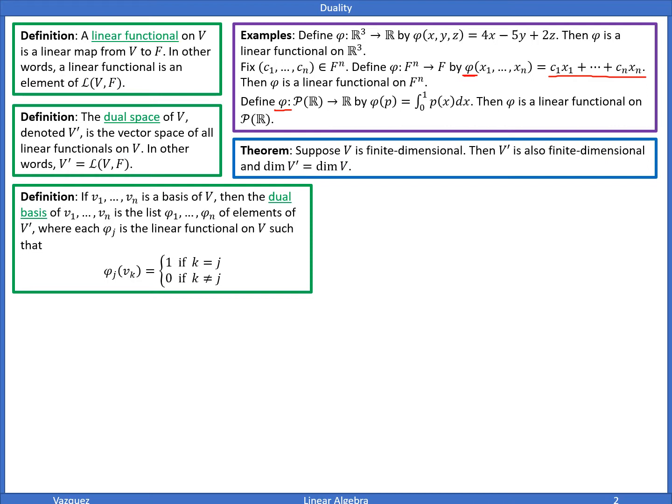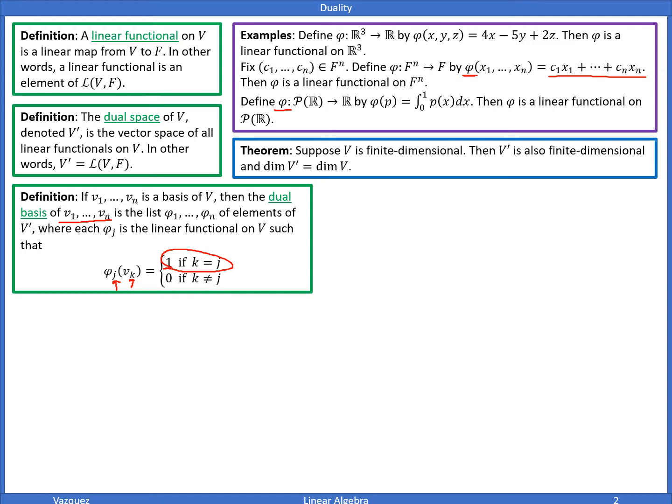Okay, next definition: if V1 to Vn is a basis of V, then the dual basis of V1 to Vn is a list phi1 to phi n of elements of V prime, where each phi j is a linear functional on V, such that, if we get one of these elements of the basis of V, and it matches with our phi j, that is k and j are equal, then we assign it a 1.